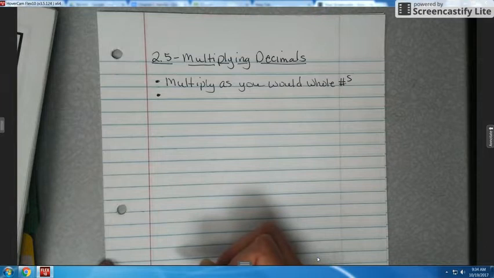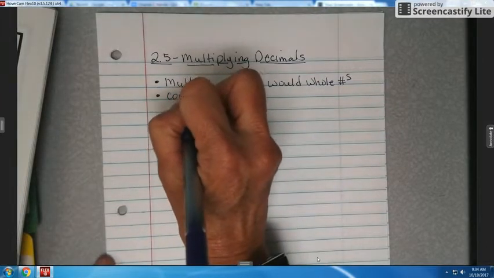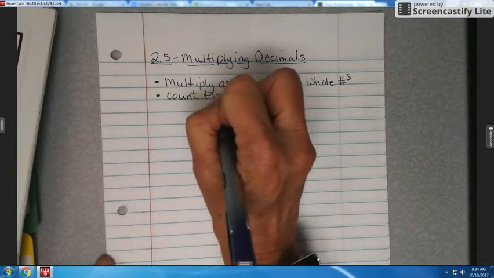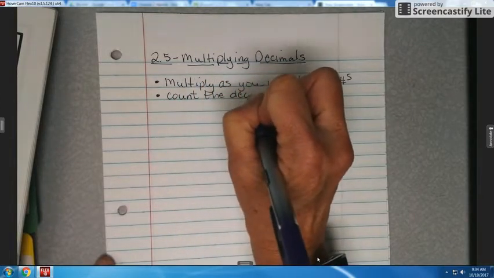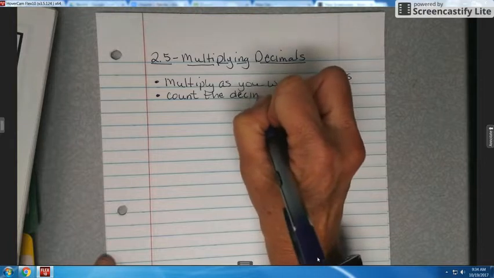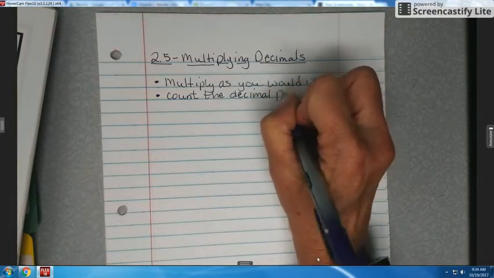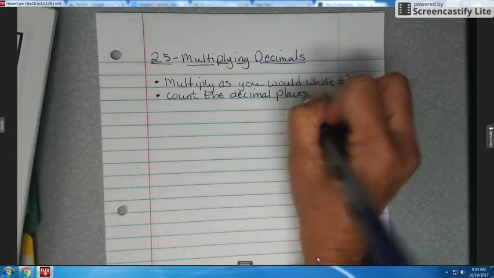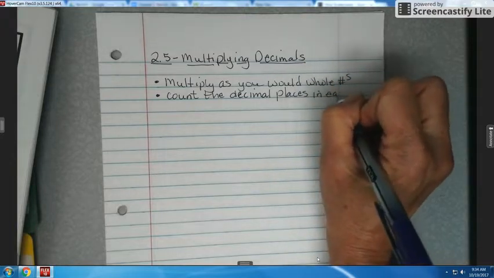Once you've multiplied those and have the answer, you're going to count the decimal places in each factor.